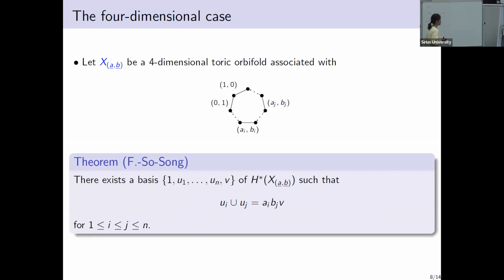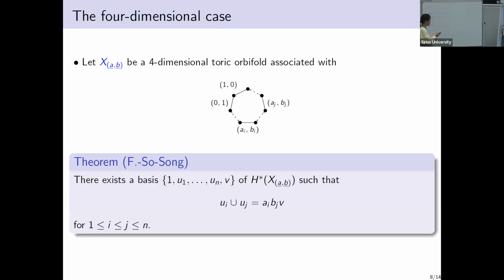So we considered a special case by assuming there exists an adjacent pair of edges such that the determinant of the corresponding characteristic vectors is equal to 1. By changing a basis, we can assume there exists one pair of edges such that the characteristic vectors are (1,0) and (0,1).